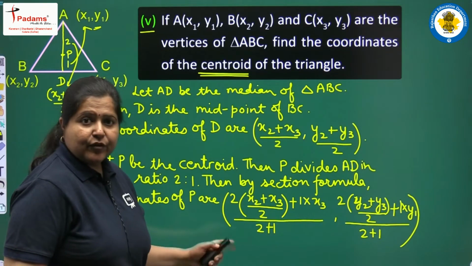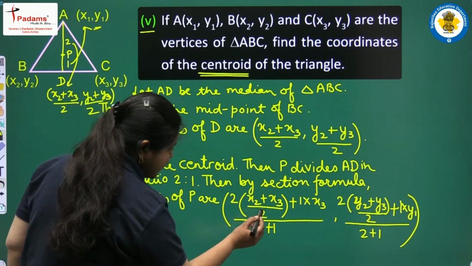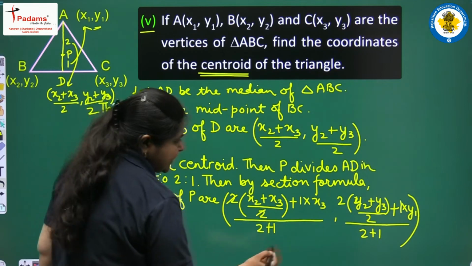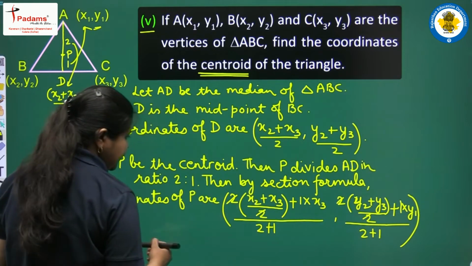These are the coordinates of point P. Now you can cancel out this 2 and 2, and here also cancel this 2 and 2. What do you get?